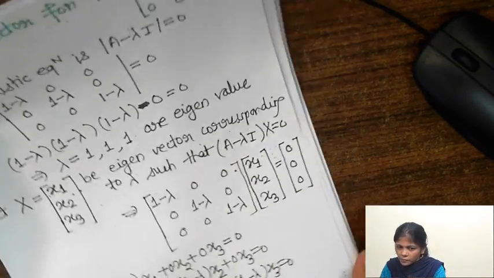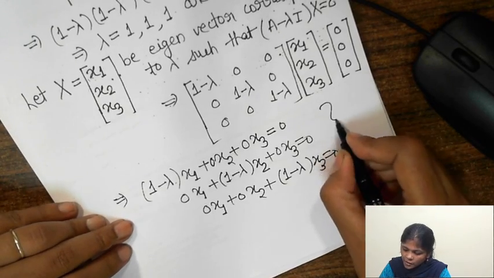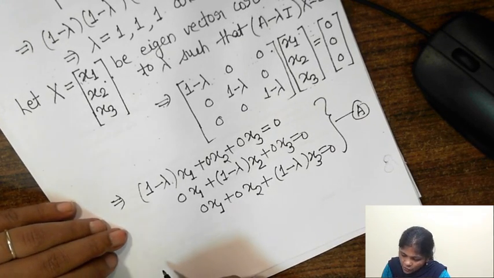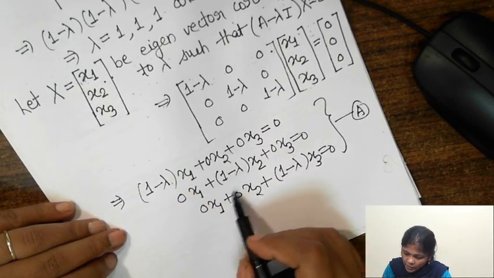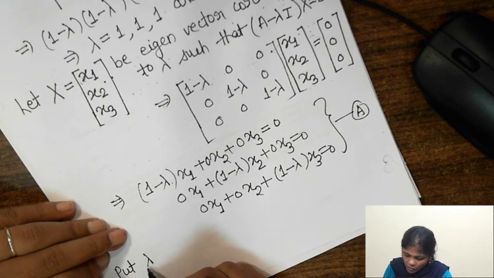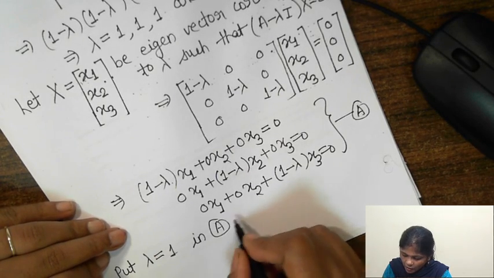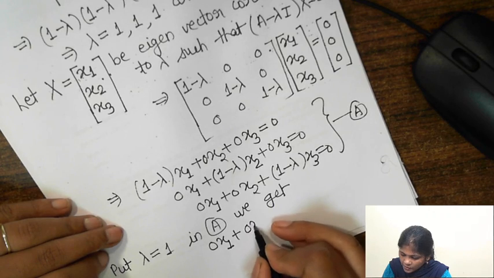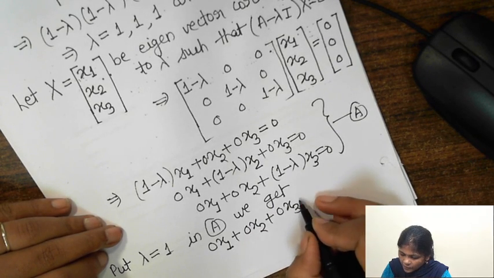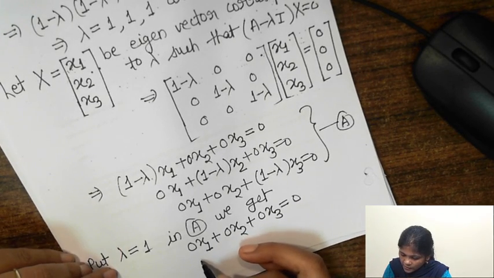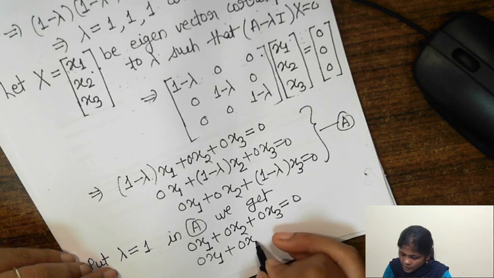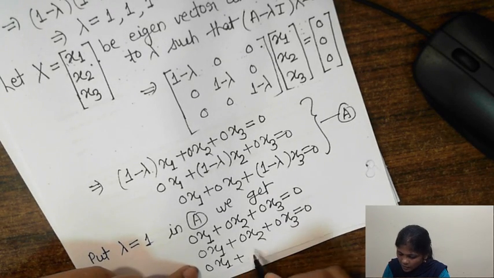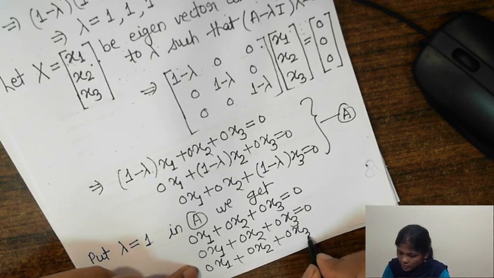Let us call it equation number A. According to the procedure known to us, we will substitute the value of lambda 1 by 1 in this equation A. So put lambda equal to 1 in equation A. What do we get? 0x1 plus 0x2 plus 0x3 equal to 0, and again 0x1 plus 0x2 plus 0x3 equal to 0, and the same for the last one.